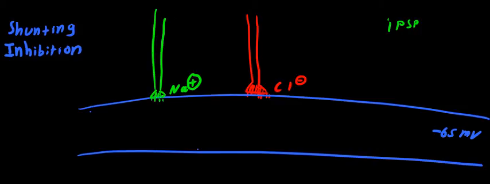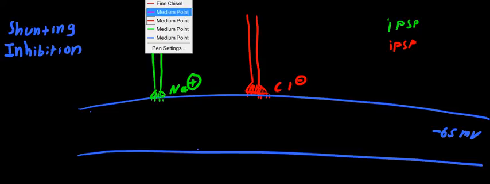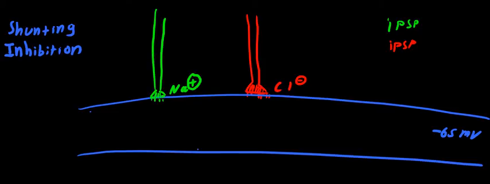And excitatory postsynaptic potentials here in green. That first form of inhibition has to do with linear spatial and temporal summation of EPSPs and IPSPs.